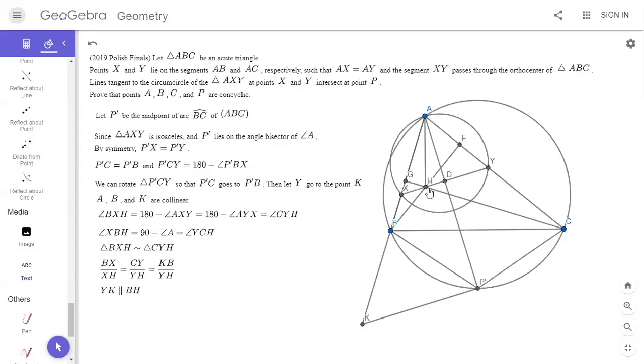I feel like I had it in my head, but I lost where I was. I lost my train of thought. So let's see. We want to show AXP prime is similar to KXY.